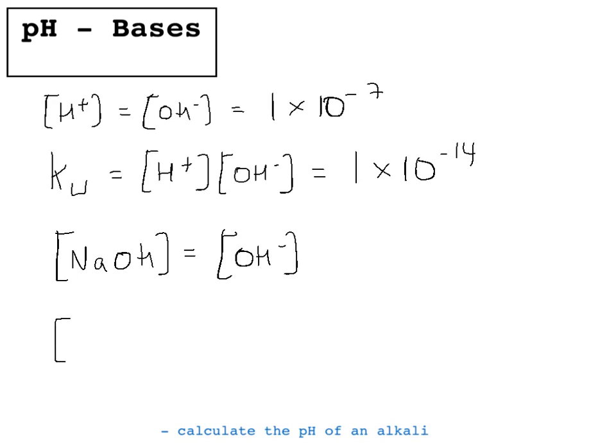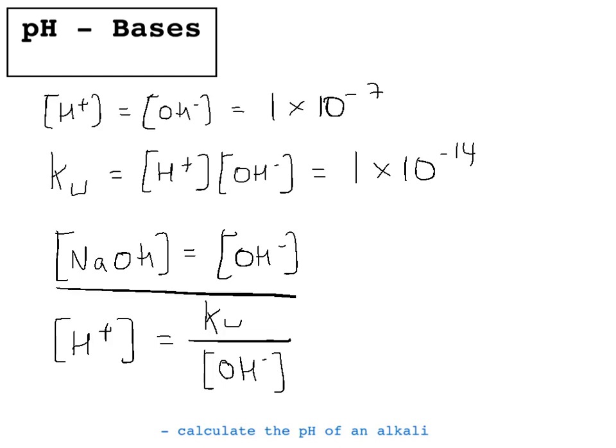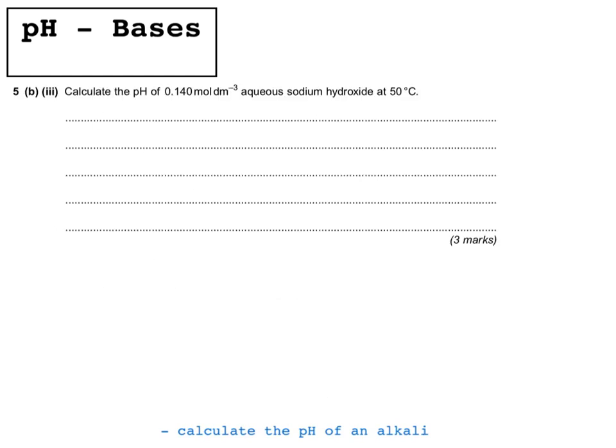So therefore the concentration of H plus equals Kw, which is generally 1 times 10 to the minus 14, over the concentration of OH minus, and then we put that into our pH expression. So this is the expression that you have got to use in order to calculate the pH of an alkali.